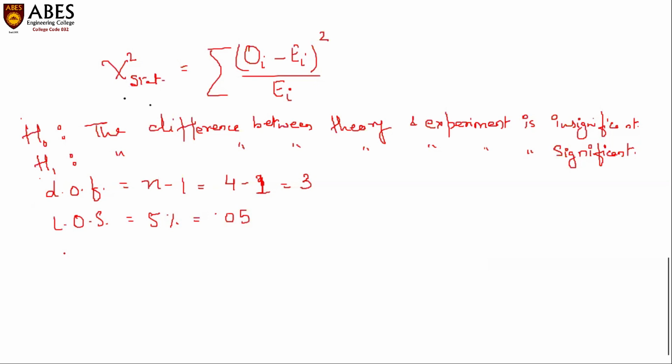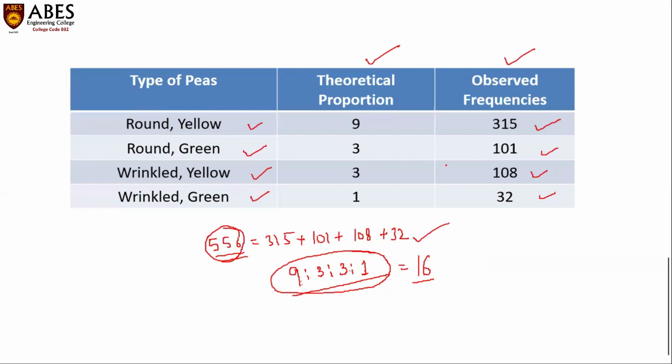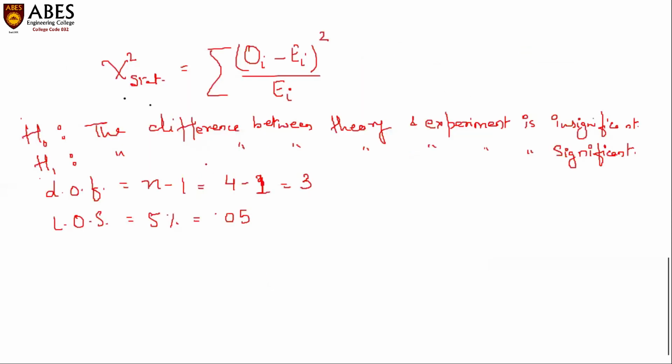Next, we need the value of chi-square statistics, for which we need OI and EI. OI is already given to us as 315, 101, 108, and 32. We need to calculate EI now. So let us see how we find EI.